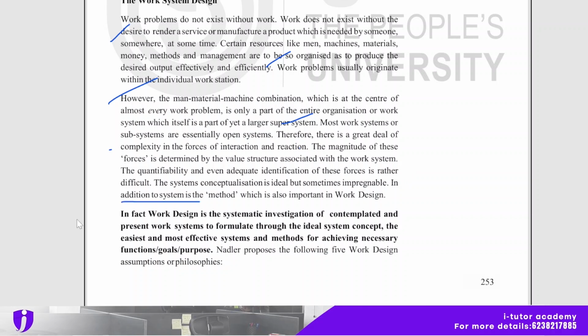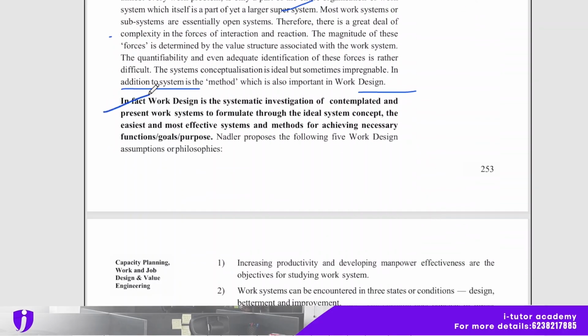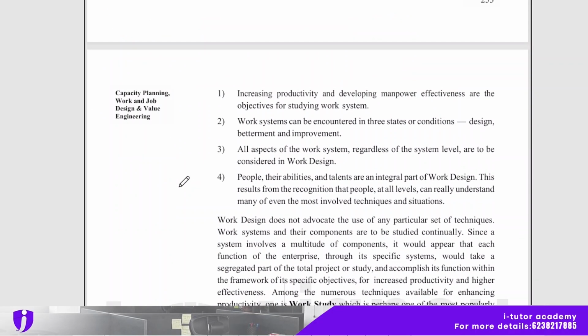In addition to the system is the method, which is also important in work design. In fact, work design is the systematic investigation of contemplated and present work systems to formulate the ideal system concept and the easiest and most effective system and method for achieving necessary functions, goals, and purposes. Nadler proposed the following five work design assumptions or philosophies.